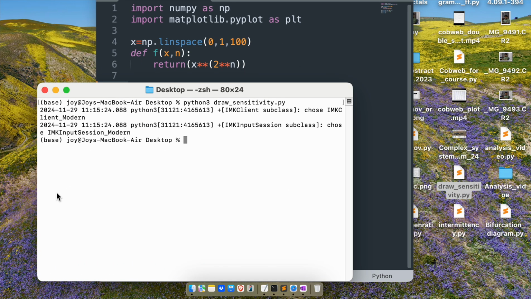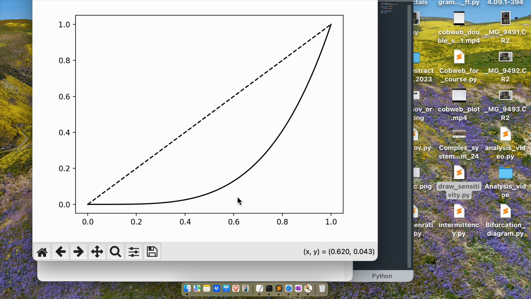Then you will find that the function has become much steeper around 1. It remains close to 0 up to about 0.3, then it suddenly increases at a much faster rate. That means its slope becomes very high.